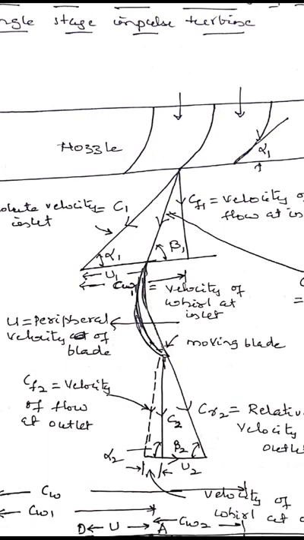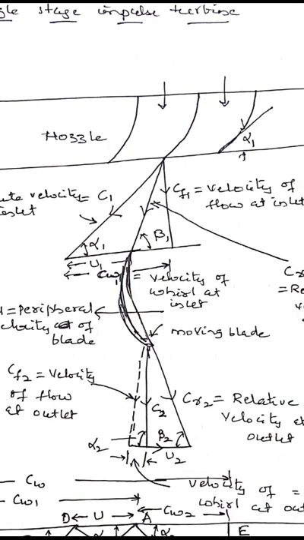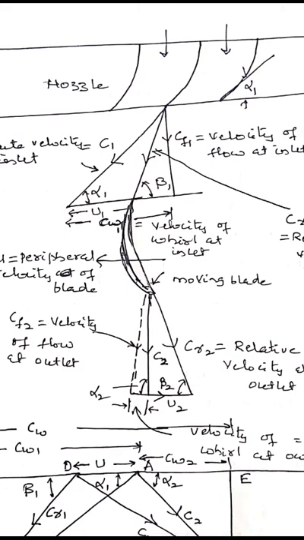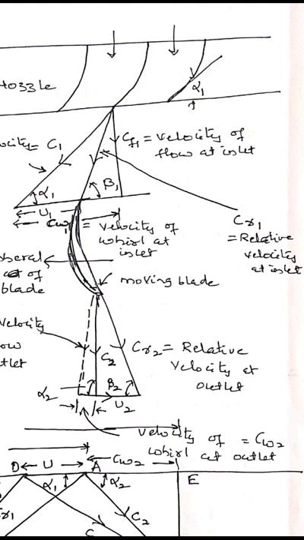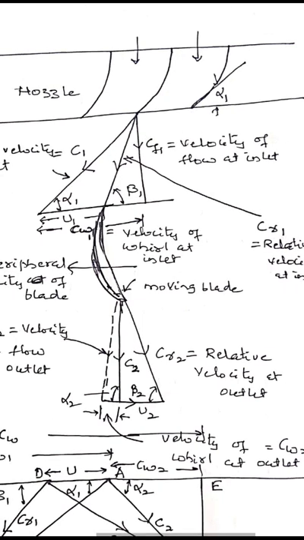As the blade is set into motion by the jet of steam and the blade also moves, the actual velocity with which the jet strikes the blades will not be C1 but CR1, which is the relative velocity at inlet. Also, CR1 is obtained by adding the vectors of C1 with U.